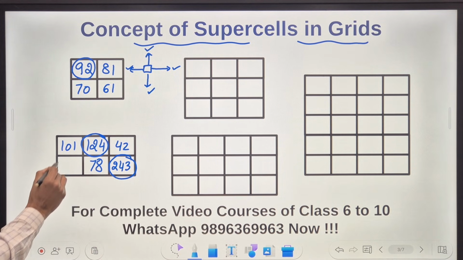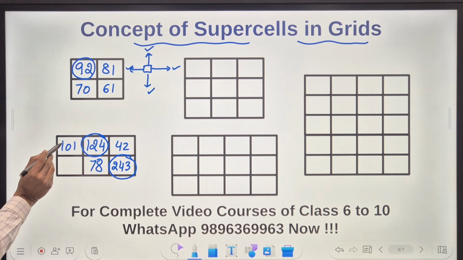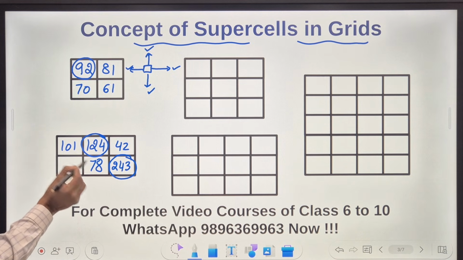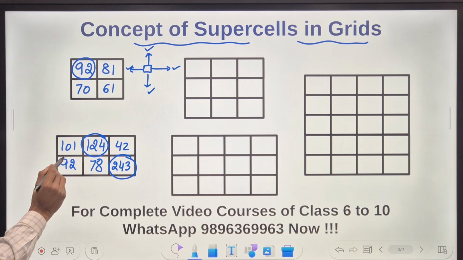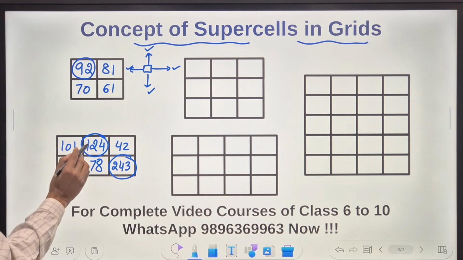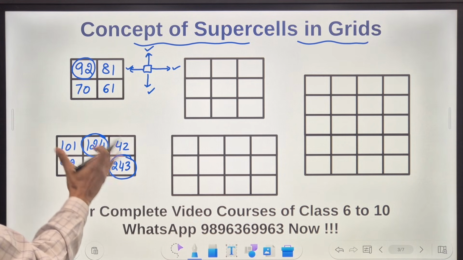Now if I want this also to be a supercell, I can put a number which is greater than 101 and 78. If it is less than these two or any one of them, like suppose 92, then 101 is greater than 92, so this does not become a supercell. So in this grid we have only two supercells and the rest four are normal cells.